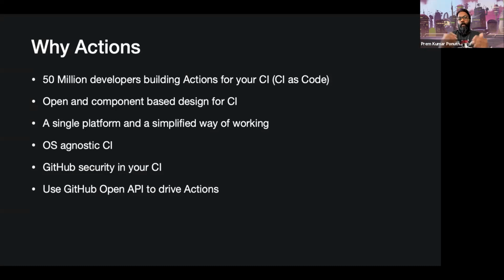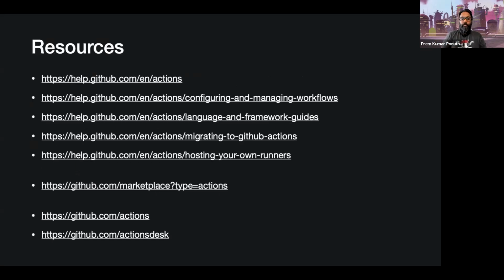It's all in one single platform, so you save a lot of time in context switching. It's also OS agnostic, and it uses GitHub's open API at the core or the heart of the actions, right? And we do have some resources for you folks.